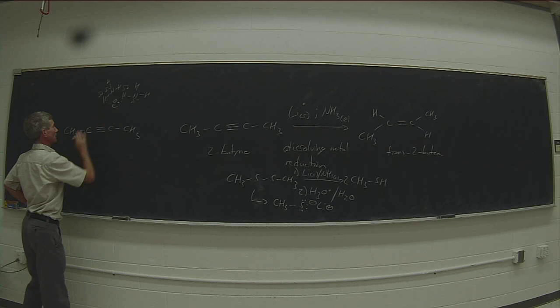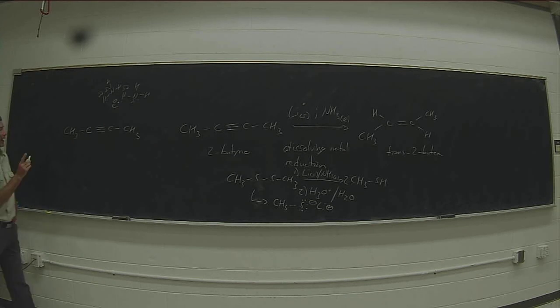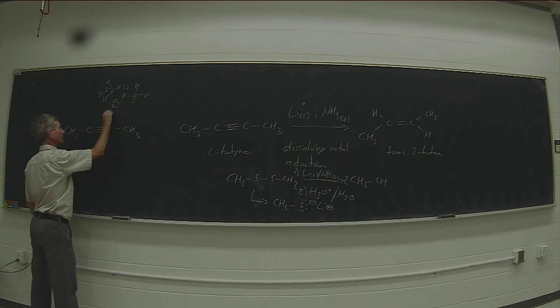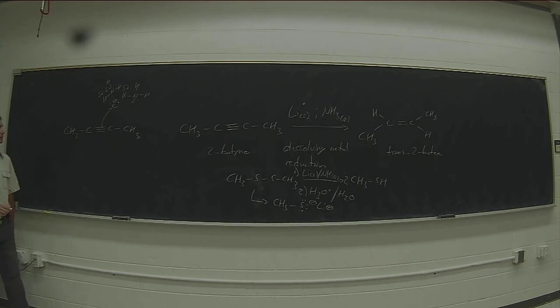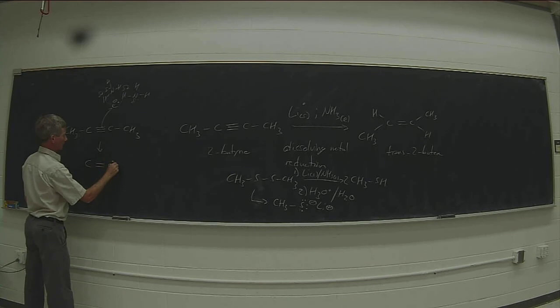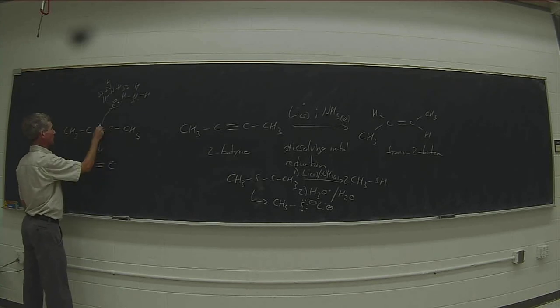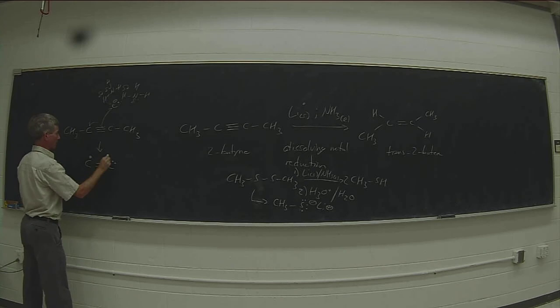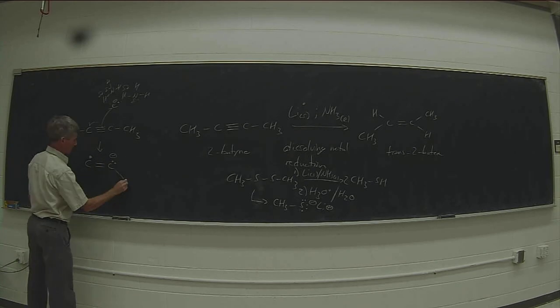So the electron will be attacked by the pi bond. The result of that will be for one of these electrons to go in each direction to produce a radical anion.